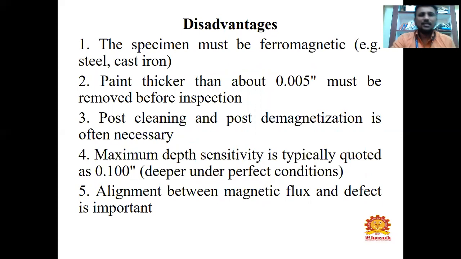Then, among the other disadvantages, the specimen must be ferromagnetic, like steel or cast iron. Paint thicker than 0.005 must be removed before inspection. That is also a small disadvantage of this method.